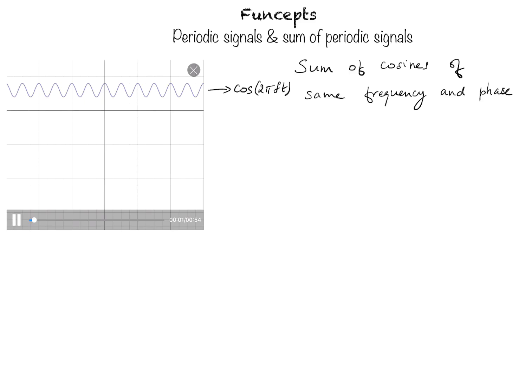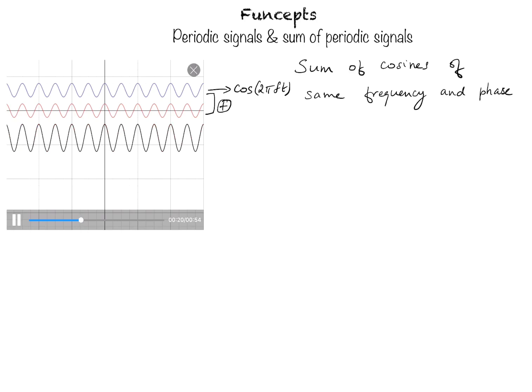So we'll start with this first cosine wave, and to that we'll add a second cosine wave, which is this red waveform. When we add these two waveforms together, the resultant is the black waveform which we have obtained here.